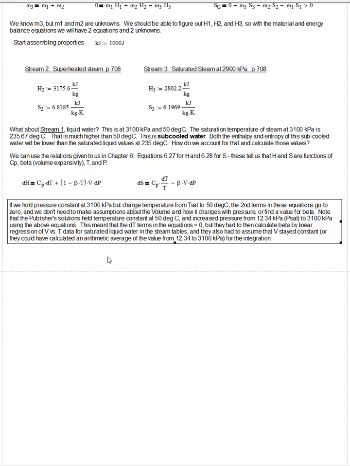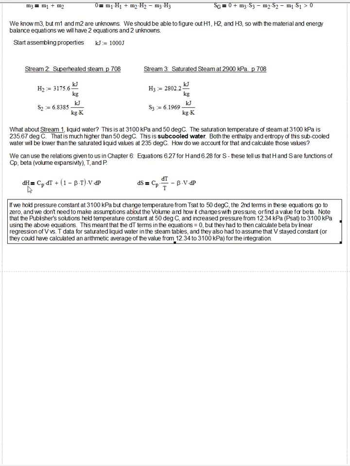So the way that you can do that is we could say, okay, we're going to start at 3100 kilopascals and 50 degrees C. Let me back up. We're going to start at 3100 kilopascals and the saturation temperature of 235 degrees C. We know what the saturation enthalpy is, right, of liquid water at 235 and 3100.